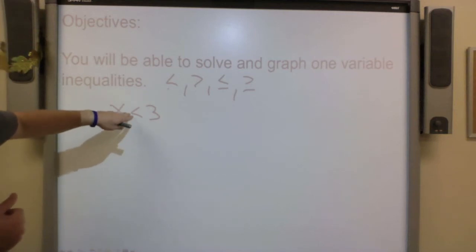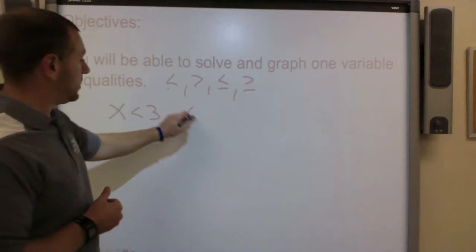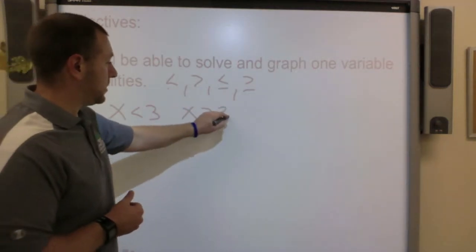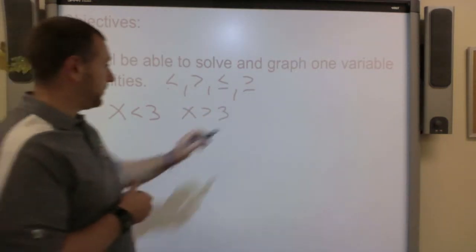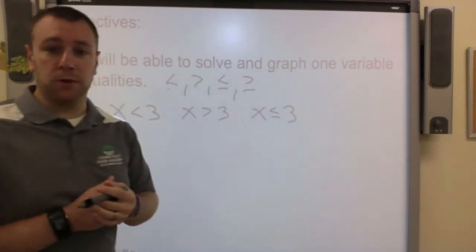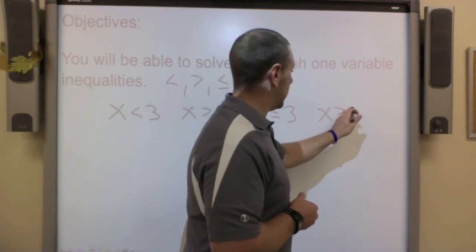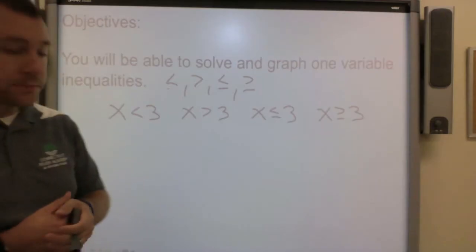It is actually less than 3. This means x is greater than 3. This means x is less than or equal to 3. And this means x is greater than or equal to 3.